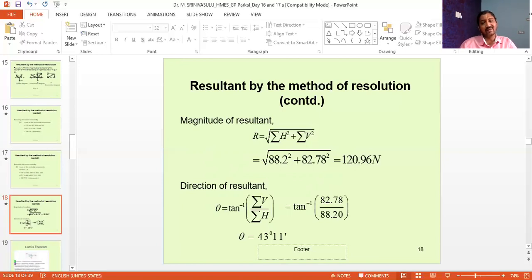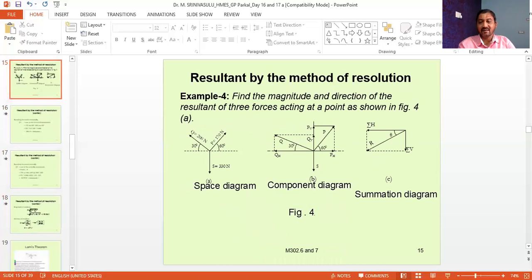And what is the angle? In the third quadrant, the resultant is making an angle of 43 degrees 11 minutes with the x-axis. Because when sigma h and sigma v are both negative, sigma h will act leftward and sigma v will act downward. Therefore R will act in the leftward and downward directions.